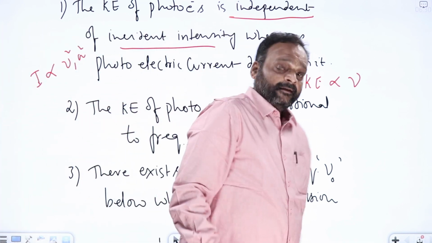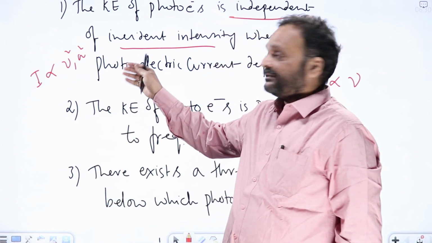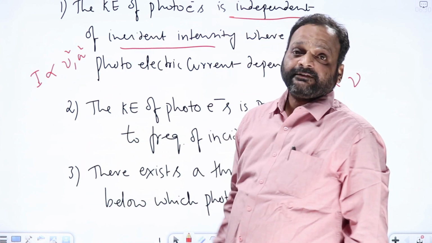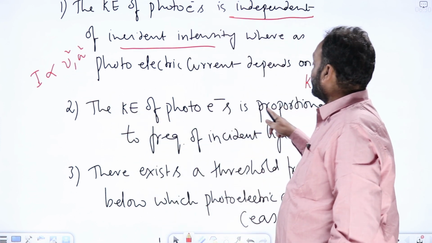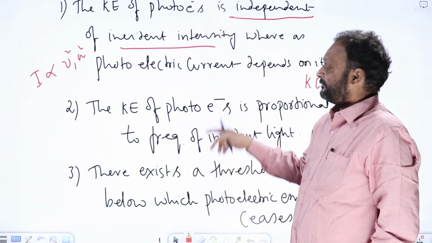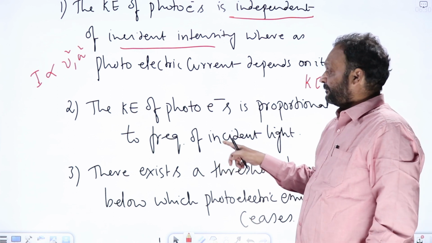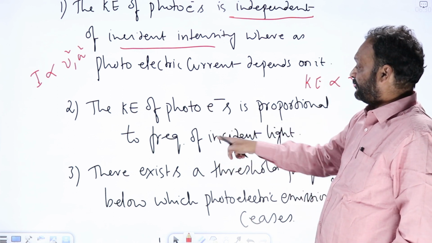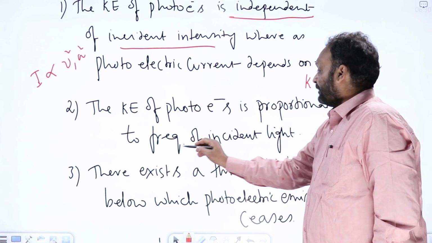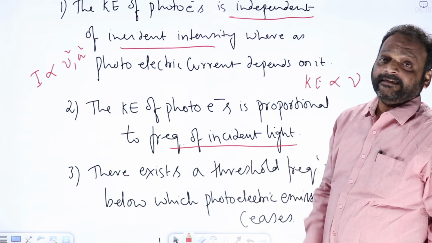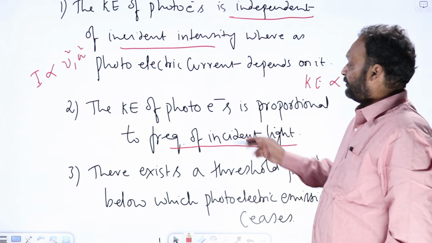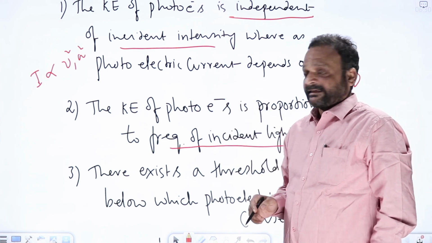So as intensity increases, the kinetic energy of the photoelectron should be proportional to the square of the amplitude, but what has been observed is that the kinetic energy is directly proportional to the frequency of incident light, not its square. This also could not be explained by classical wave theory.